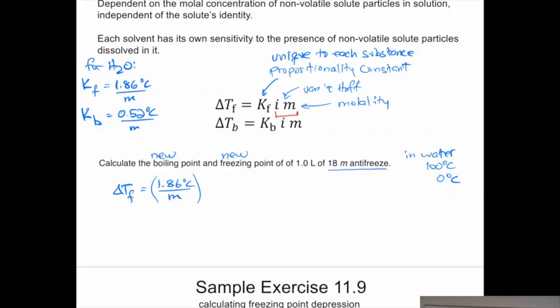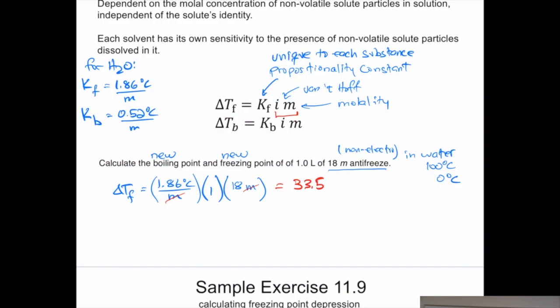It's 1. Now, if this were an exam, I would say this is a non-electrolyte. So i is 1. And what's the M? What's the molality? That's 18 molal. You can see how units cancel out, and we're left with the units of degrees Celsius, which is what we want to calculate.